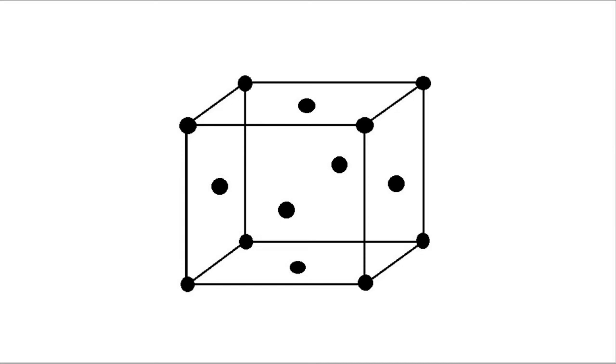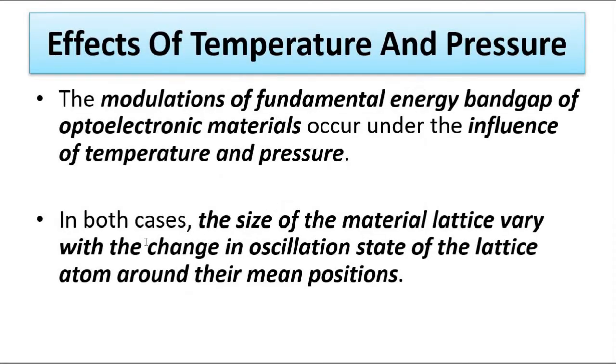When that happens, their position is changed and this leads to a change in the band gap energy. So when temperature and pressure is changed, under the influence of temperature and pressure, the atoms start oscillating around their mean positions, their original positions.